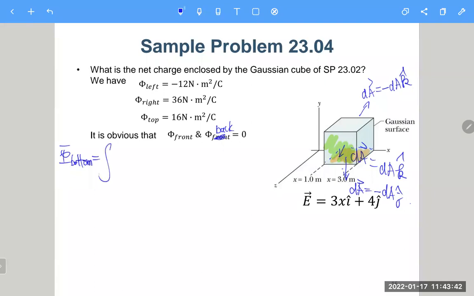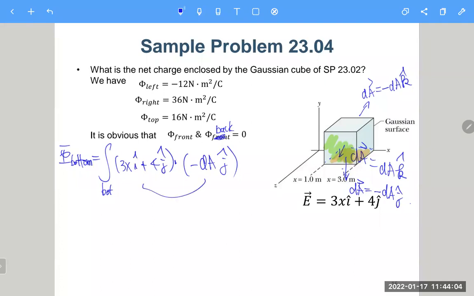So here we have an integration for the bottom. Okay, so here we have 3x i hat plus 4 j hat dotted with this negative dA j hat.